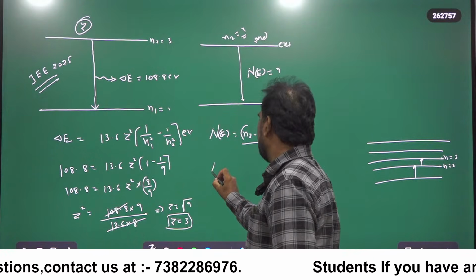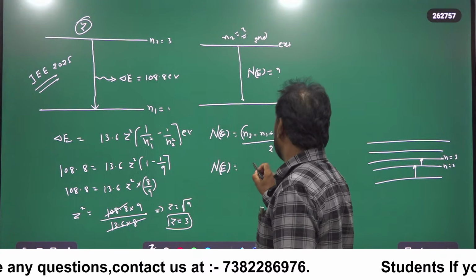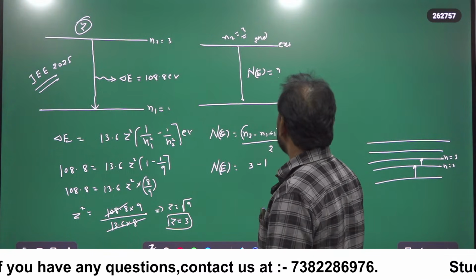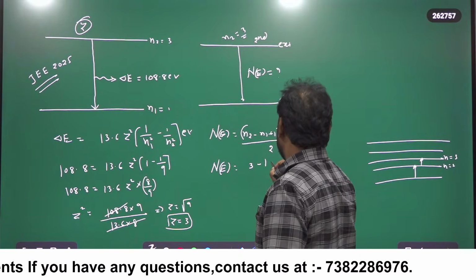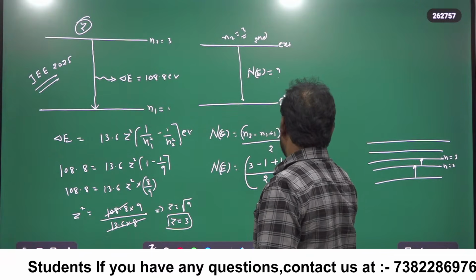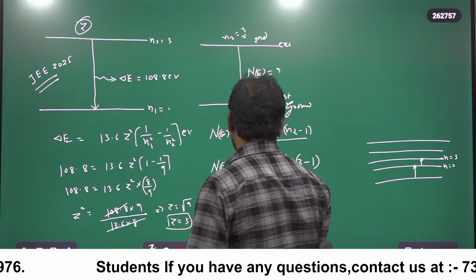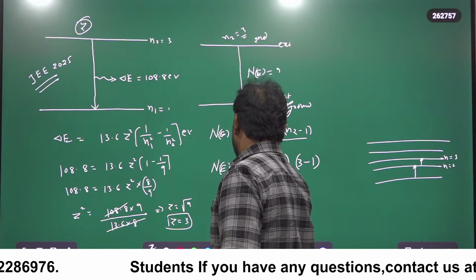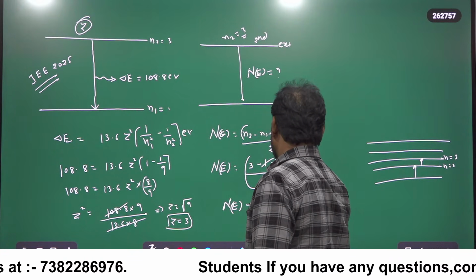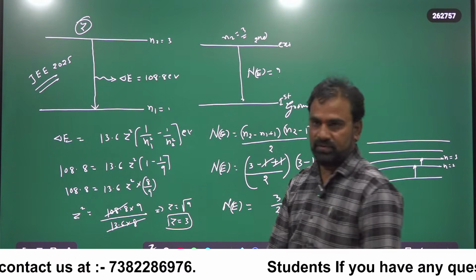That would be N_E equal to N2 minus N1, meaning 3 minus 1, plus 1, upon 2 into 3 minus 1. So the plus and minus get cancelled out. N_E is equal to 3 by 2 into 2, which is equal to 3 spectral lines formed.